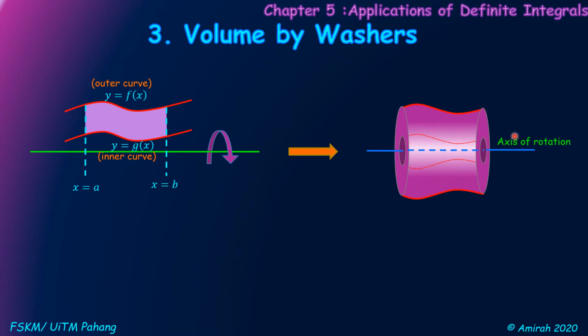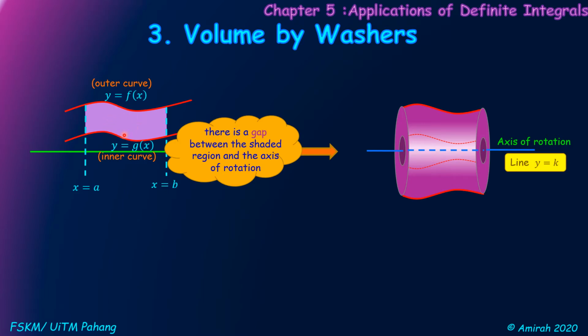This is the axis of rotation. Since the axis of rotation is a horizontal line, the equation of this line is y equals k. K here means constant.